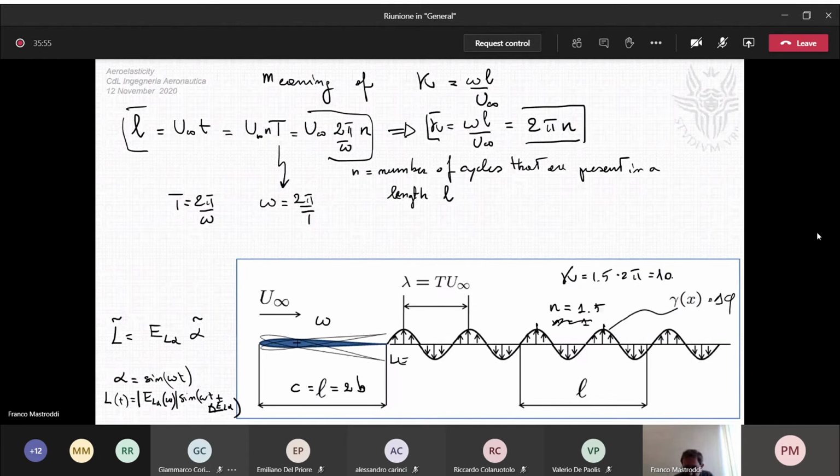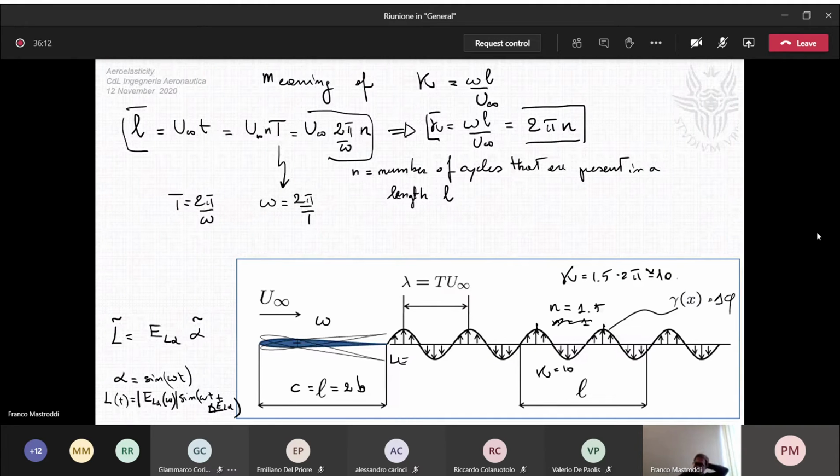Therefore this is a situation of a reduced frequency almost equal to 10, because you have 1.5 cycles in the reference length.